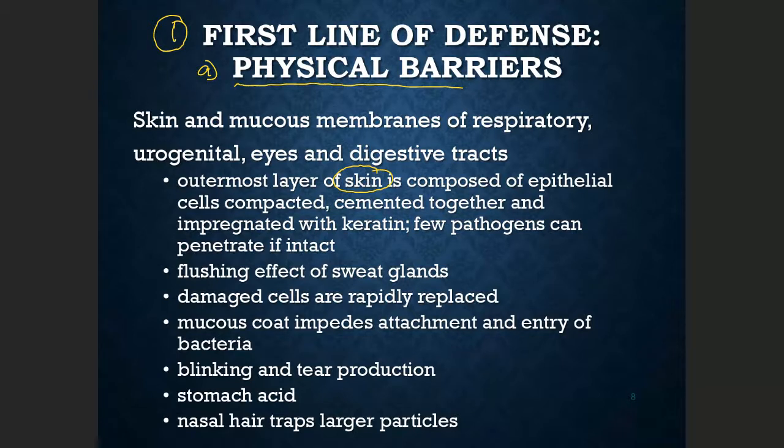Sweat. When we are sweating, this is also a physical barrier. We actually remove a lot of microorganisms from our body. Mucus, for example mucus in our nose, will bind many microorganisms and protect them from entering into our sterile tissue.